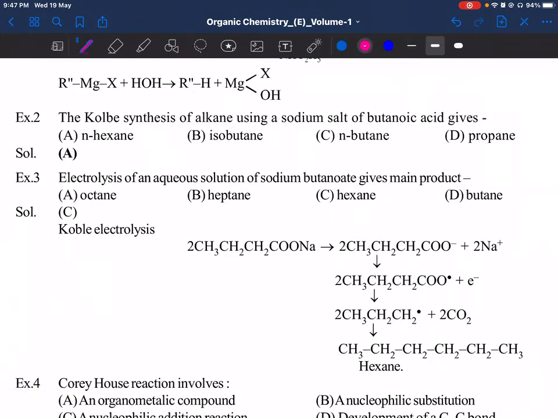So butanoic acid means CH3, CH2, CH2, COOH. This is butanoic acid. But in that basic medium, the salt they are telling, so what do we have to take then?